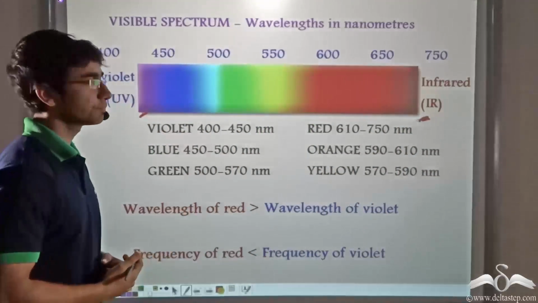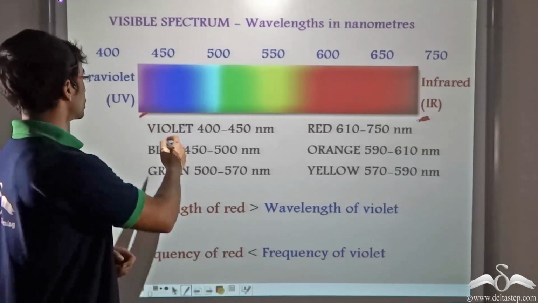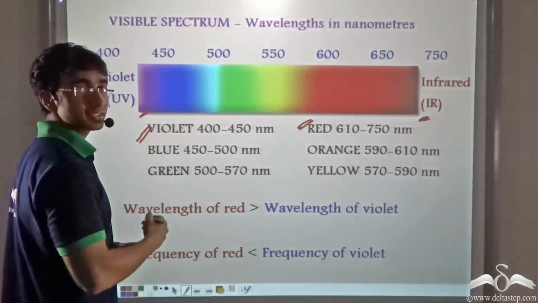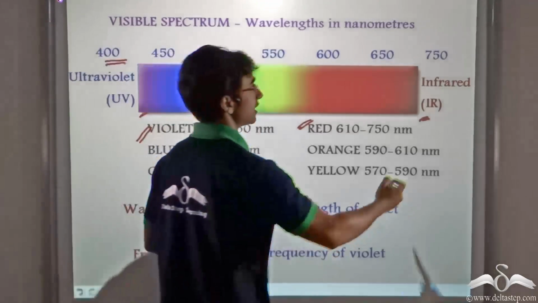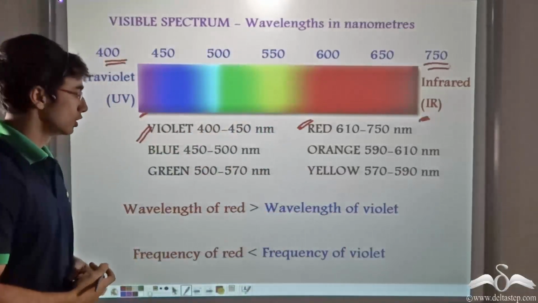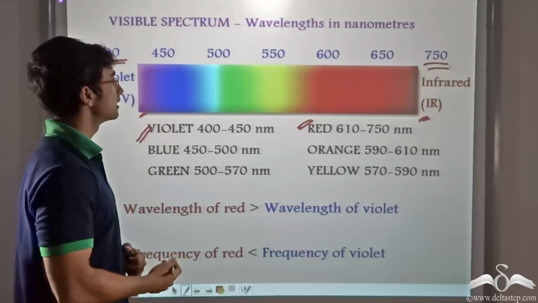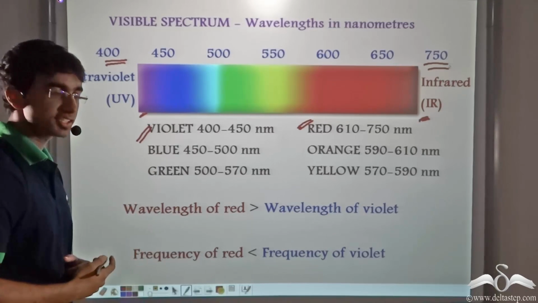Now as you can see, the wavelength of the waves is increasing on going from violet to red. The wavelength starts at 400 nanometers and ends at 750 nanometers for the visible region. So we can say that the wavelength of red light is greatest and the wavelength of violet light is least in the visible region.